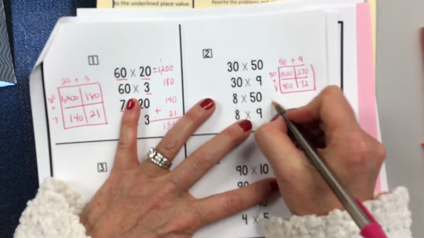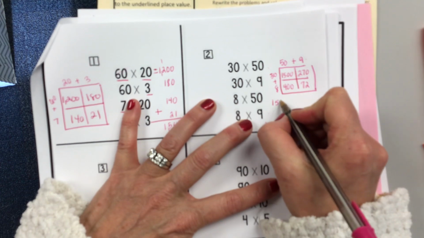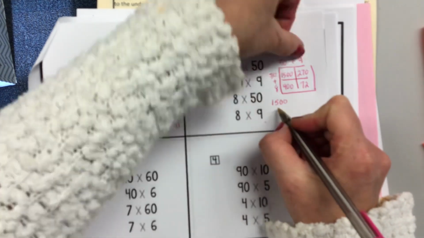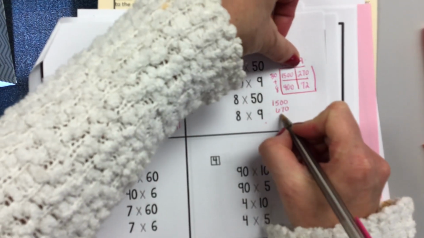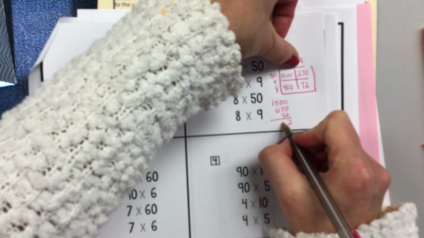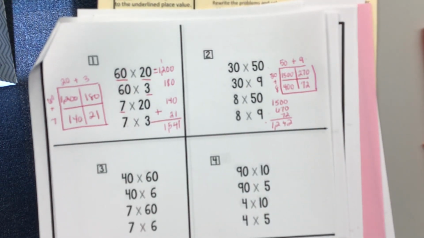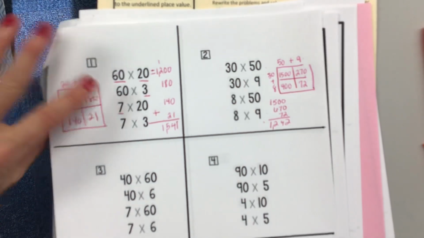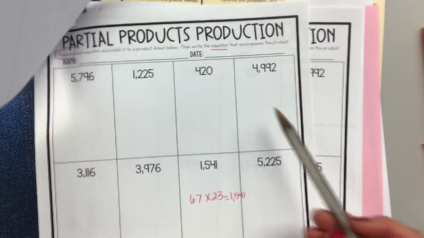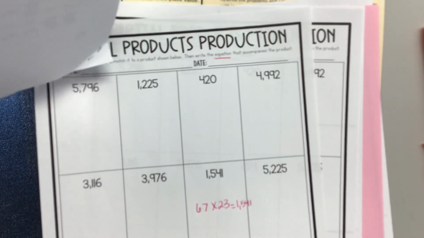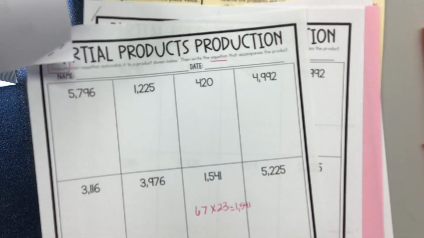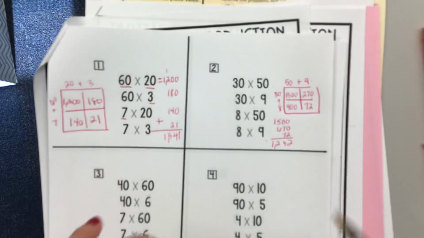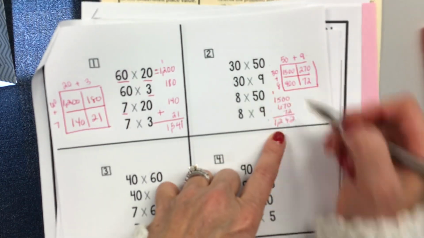So we need to add together our partial products. I'm going to go ahead and add these 2 together. And I get 1,242. So, go back to the products. I don't see 1,242. So, did I add wrong? I did. I didn't carry my 1.